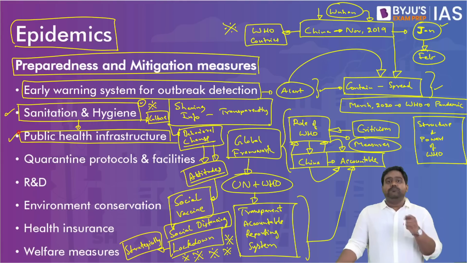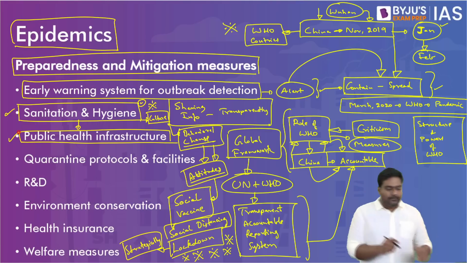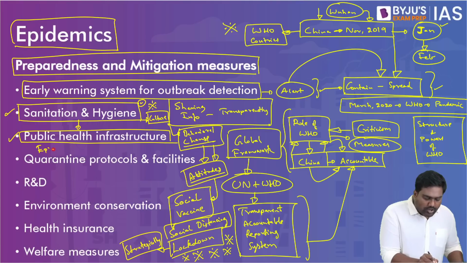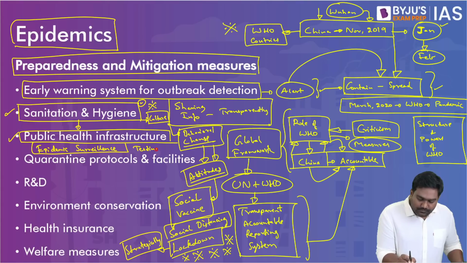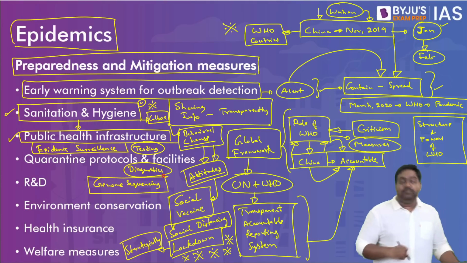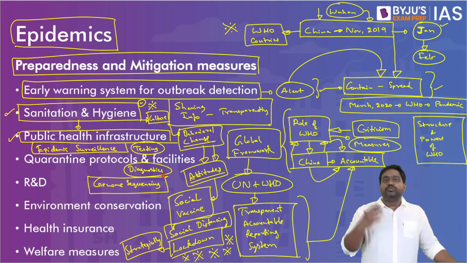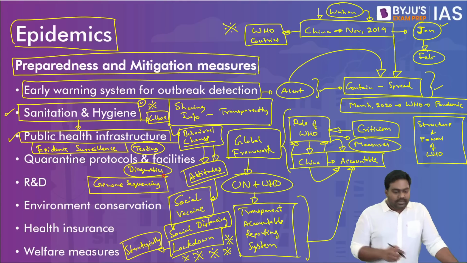So, strengthening your public healthcare infrastructure is critical, along with improving your epidemic surveillance, improving your testing facilities, improving diagnostics, genome sequencing to study different pathogens, understand their mutations and the new strains which are coming up. For that, the infrastructure should be present, right?